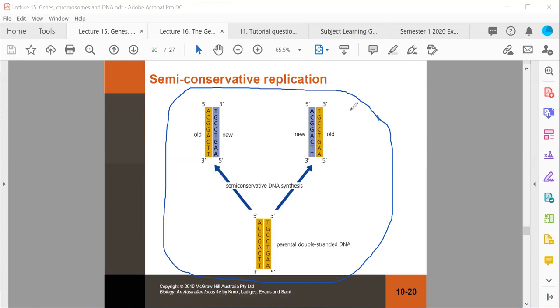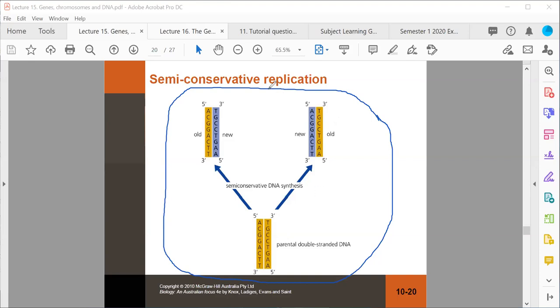So what you should be able to see here is that this new double-stranded DNA, which consists of one new strand and one old strand, and the same applies to this one, they are now exact copies of the original or parental double-stranded DNA.